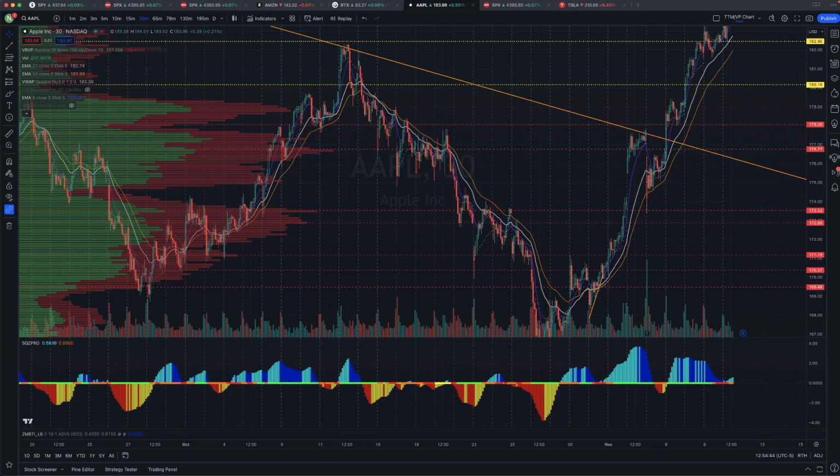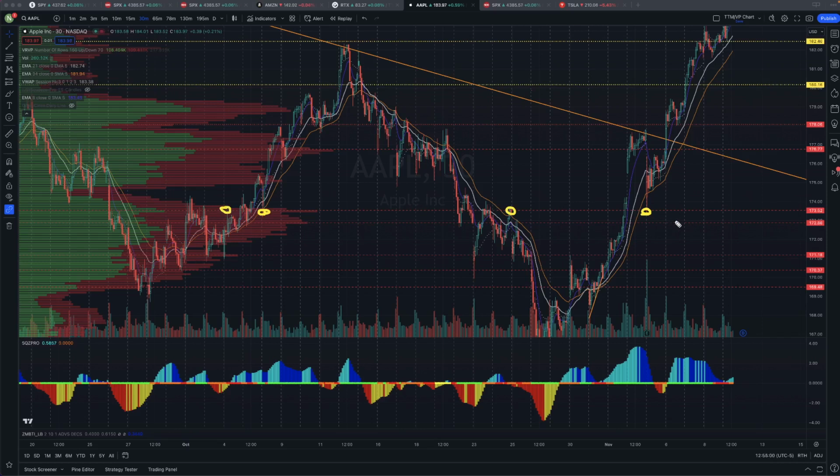So I'm trying to come up with a good example, but the better you get at drawing these, that line has been on there forever. It acted as support there on the spike down, acted as resistance there, acted as support there, acted as resistance there, right?